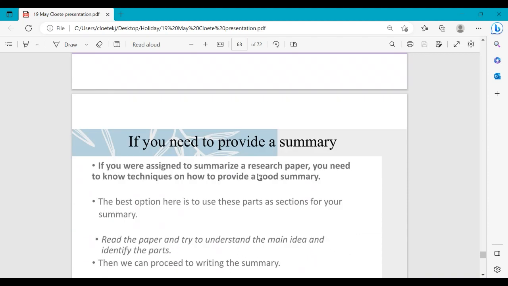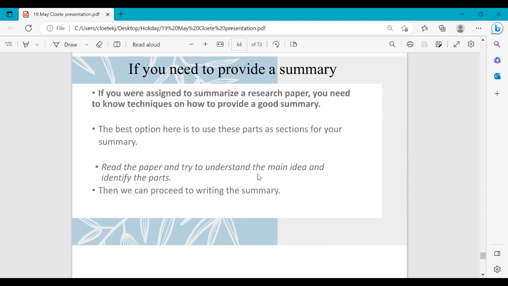And then if you need to provide a summary, for example, for a journal club or to your supervisor, you can use parts or sections of your summary, or you can also present the entire paper. You want to read the paper and try to understand the main idea and the real take-home message of it.